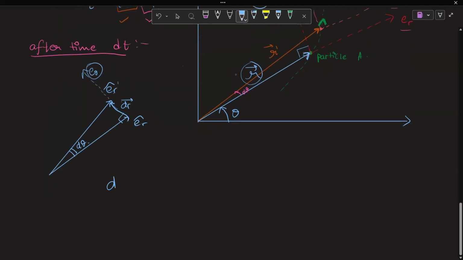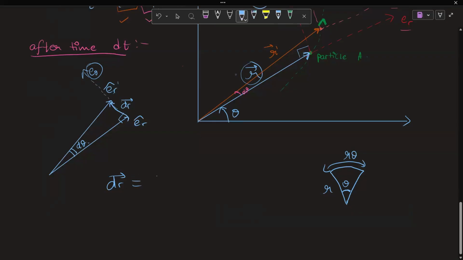Now, how would we write dr is the question. For example, if we have an arc of radius r and angle theta, we measure its length as r theta, the radius multiplied by the angle in between. Just this logic we are going to apply here.